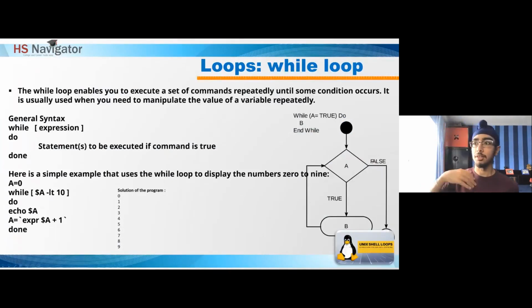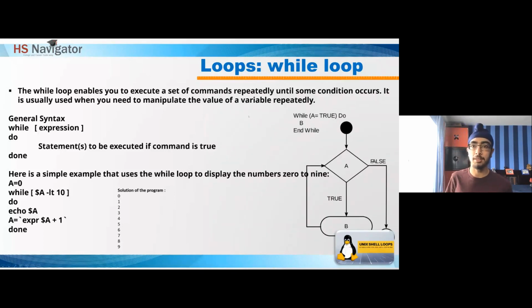So the first loop that we're going to go over is what's called a while loop. The name kind of explains how the loop works. The while loop enables you to execute a set of commands repeatedly until some condition occurs. It is usually used when you need to manipulate the value of a variable repeatedly.